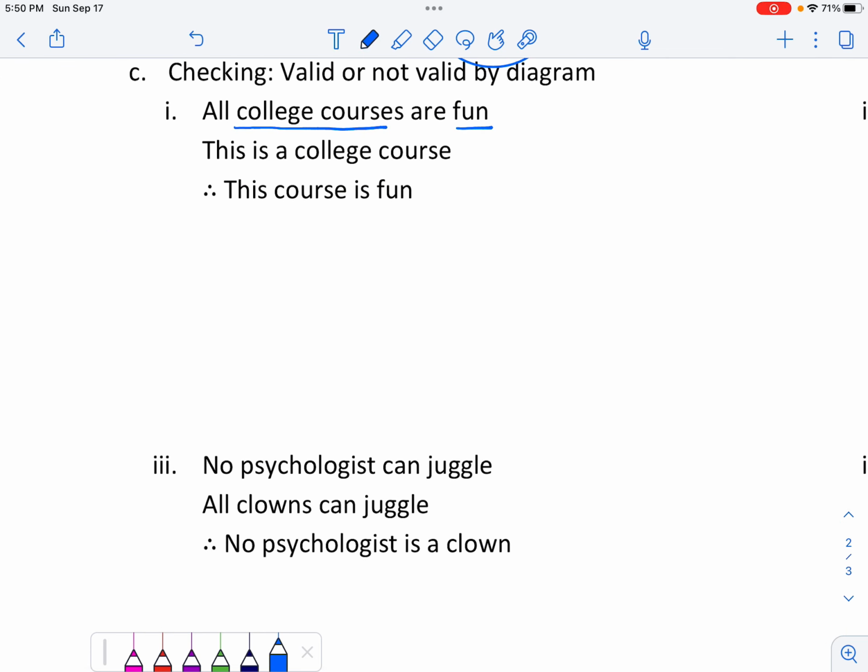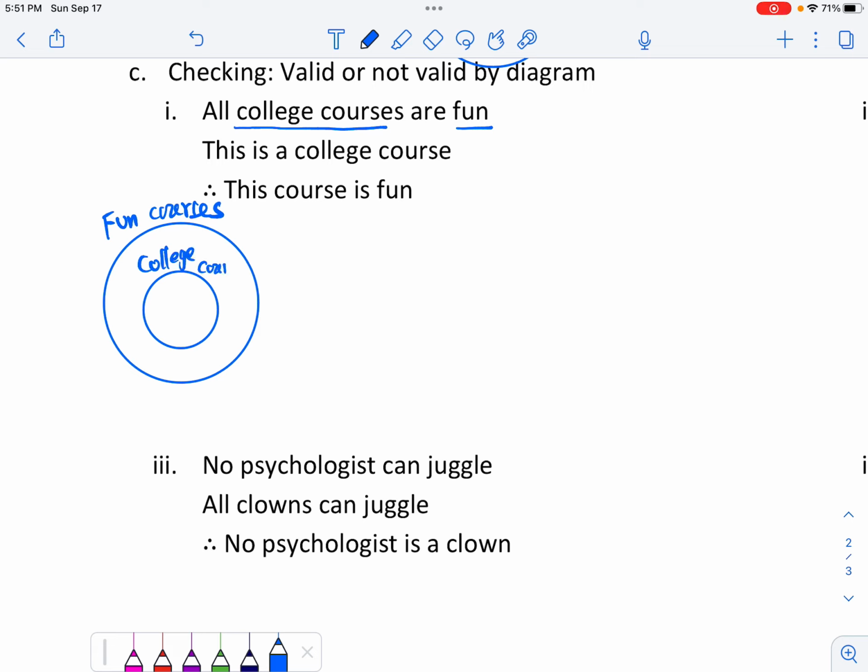So we are going to draw that. The larger one is, say, fun courses, and inside is the college courses, and then we are going to put the typical college course here to represent a randomly selected one. So that's the representation of the first statement.